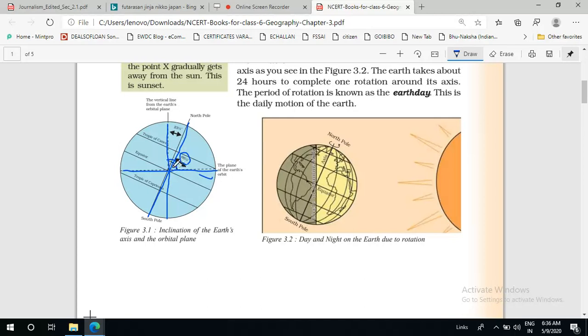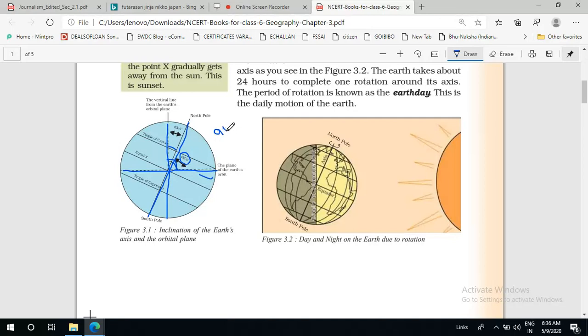So this is 66 degrees and this is 90 degrees. So what will be the value of this angle? How many degrees will be there? 23 and a half. We have subtracted 66 and a half from 90.